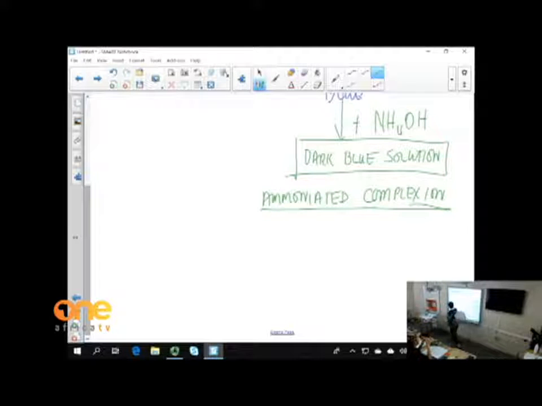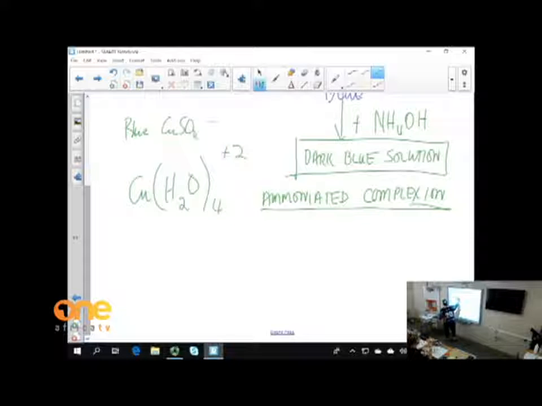In other words, it's going to look like this. It's still the copper ion, the 2+ ion, but it's hydrated. So this would be, for example, blue copper sulfate in solution.